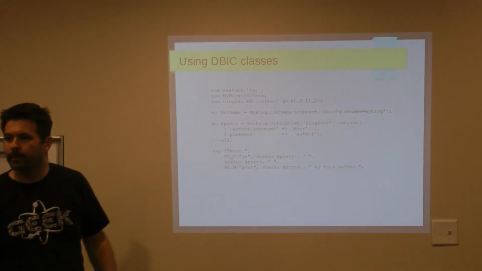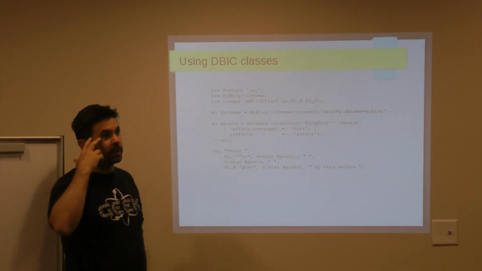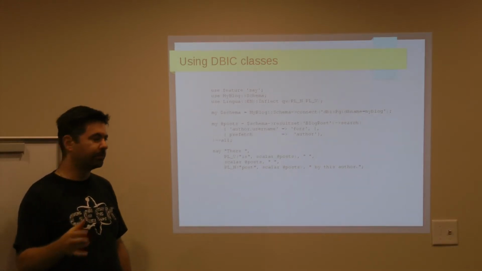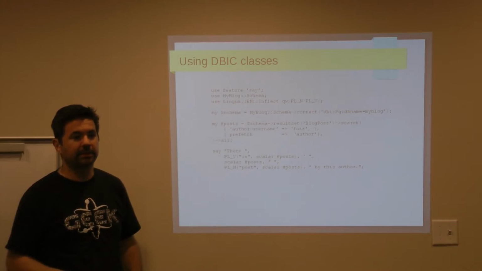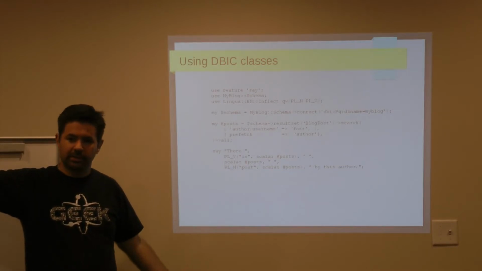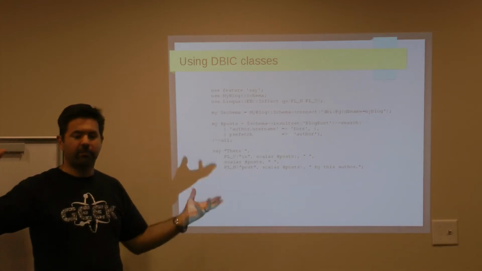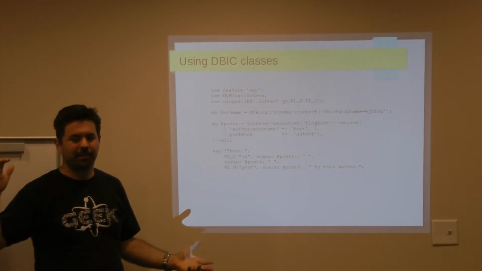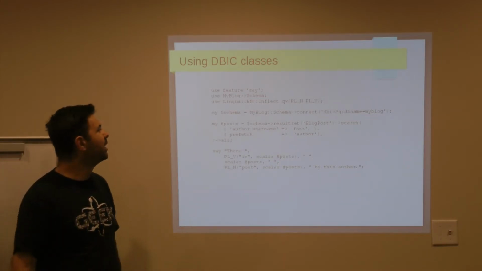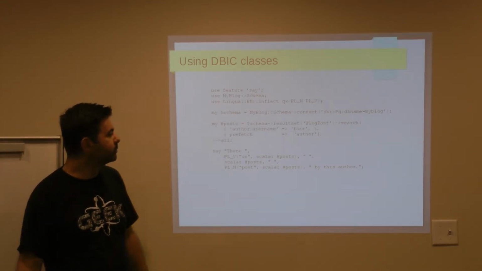I'm sorry, what does the prefetch do? The prefetch essentially does the join. Oh, okay. Because we were talking about this today at work about Class::DBI, which is a predecessor to DBIx::Class. One of the complaints people had was that if you had a huge schema with lots and lots of tables, Class::DBI would load everything into memory at once, and that could be bad. DBIx::Class is a little smarter than that.